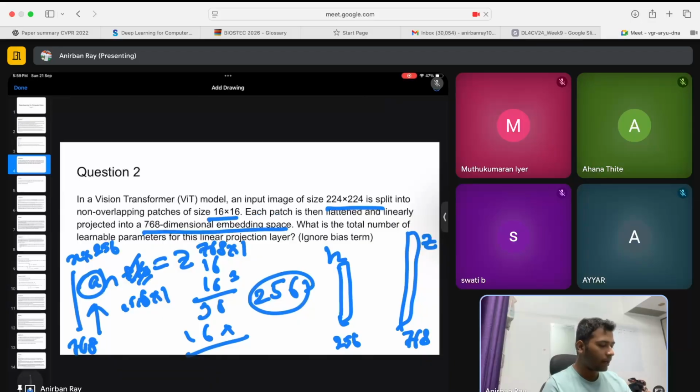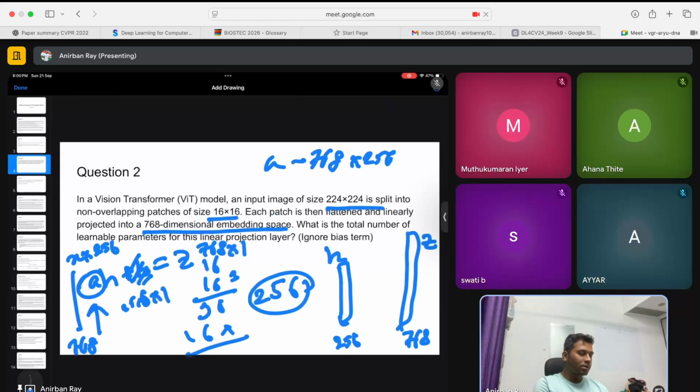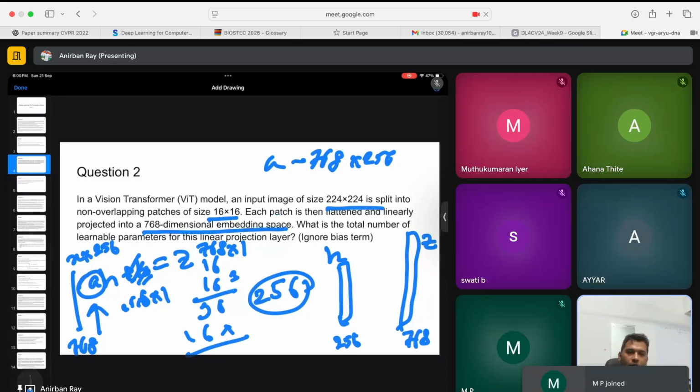So the A dimension is 768 into 256. So the total number of learnable parameters is quite large here. Am I wrong? No. This is the answer. Got it? How it is done? Understood? Okay. Moving on.